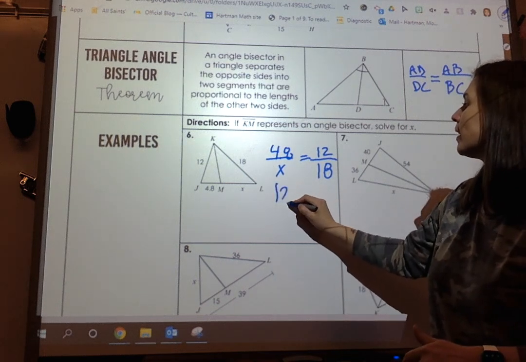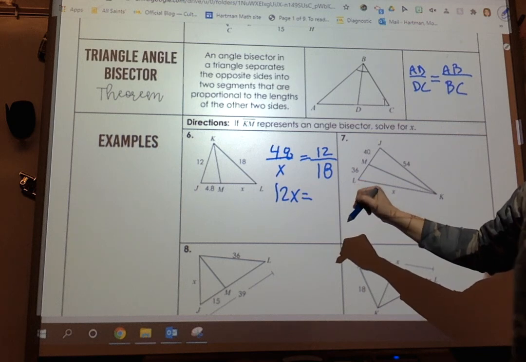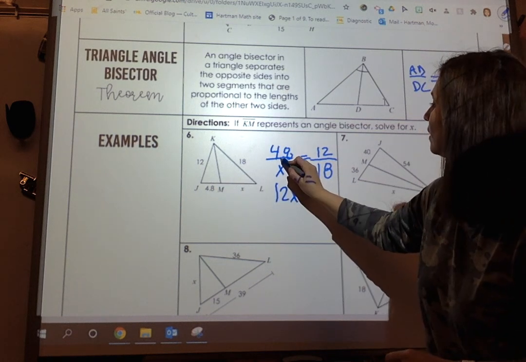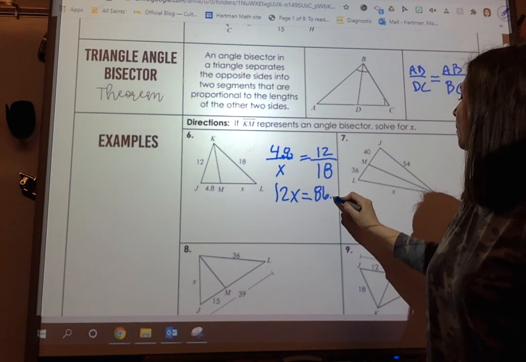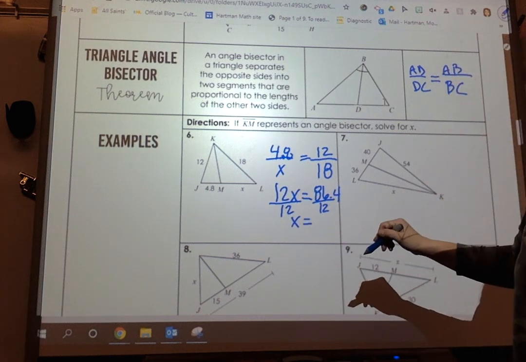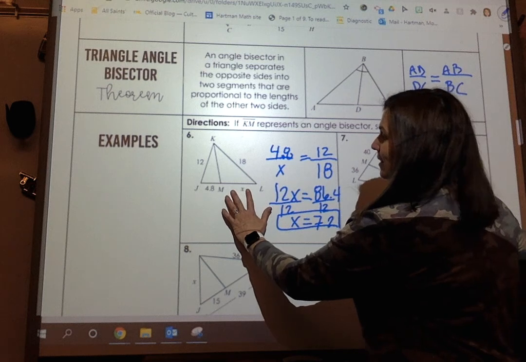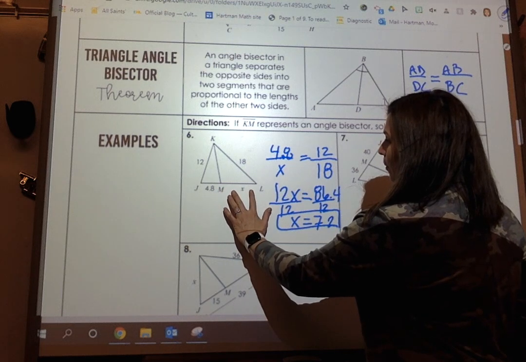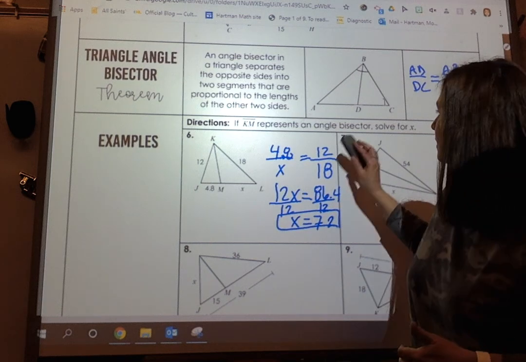I cross multiply. 12x equals 4.8 times 18, which is going to be 86.4. And when I divide both sides by 12, I'm going to get x equals 7.2. And does that make sense? Yeah, it's a little bit bigger than 4.8, but it's definitely smaller than 18. So we are making sense.